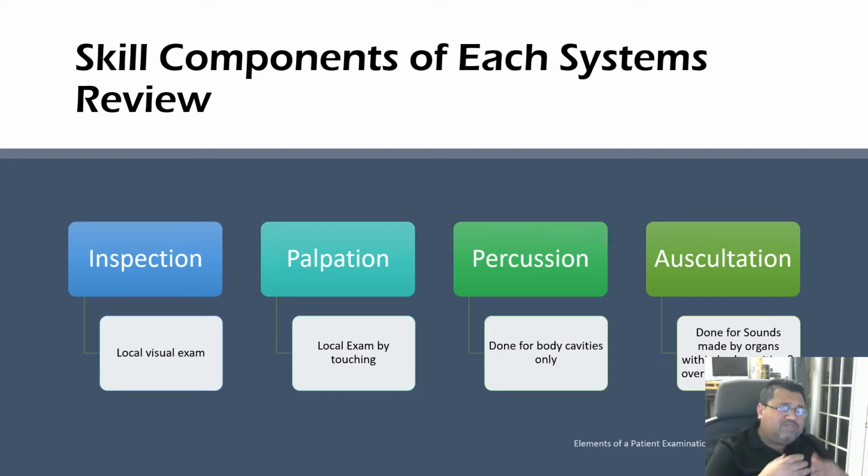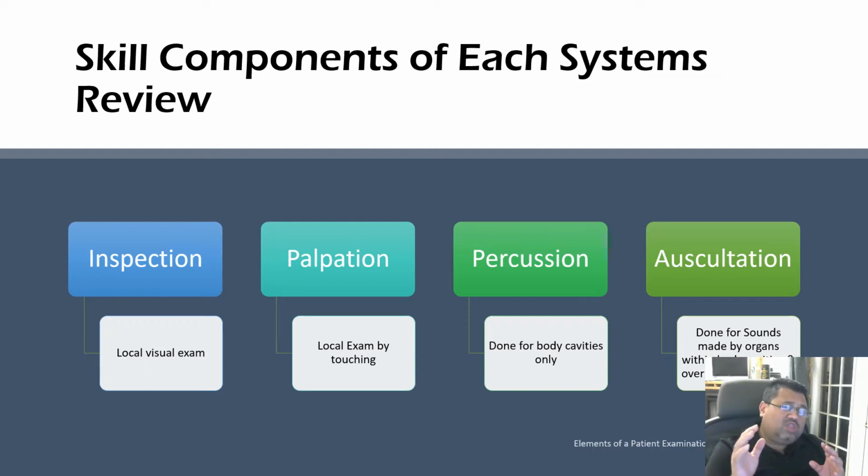Now, of these four things, they are not always applicable to every single system. So percussion and auscultation are reserved for areas which are having body cavities. Whenever there's a body cavity, we look into it, and these systems of examination, percussion and auscultation, are skills that you need for body cavity examination.